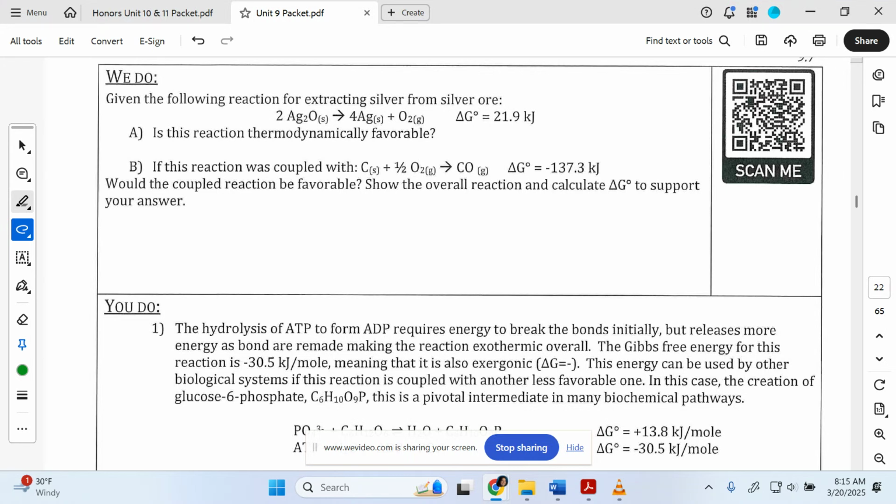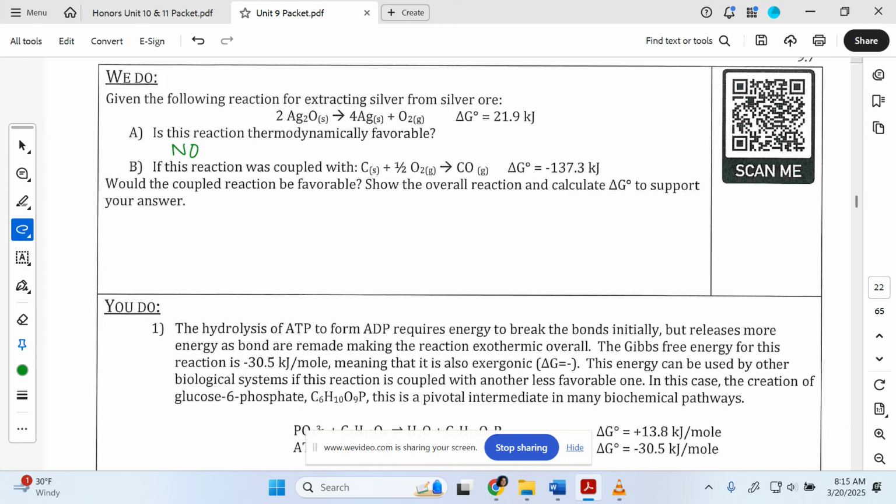We're going to figure out whether this reaction right here is thermodynamically favorable. No. Why? Delta G is positive. If this reaction were coupled with this one, would the coupled reaction be favorable? We need to show the overall reaction and calculate our delta G for support.